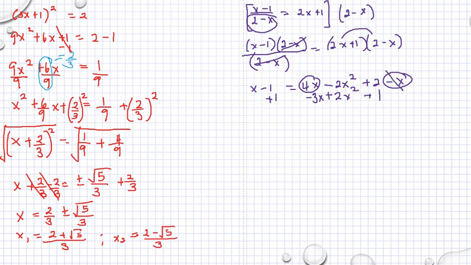So that this is 0. Sorry, we need to do that also on the left hand side. Minus 3x plus 2x squared. This is 0. This is 0. Then we have 2x squared minus 2x is equal to 1.